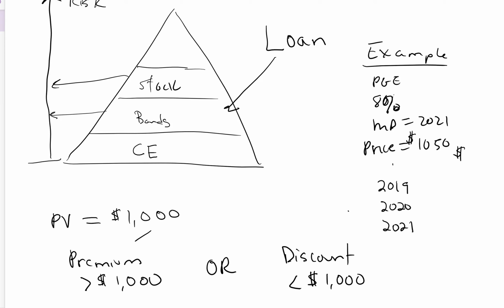So in this year, by 2019, I'm going to make my $80 in the coupon rate. Remember, I'm initially out, so I spent $1,050. And in 2020, I'm going to earn my $80, and here, 2021, I'm going to earn my $80, plus I'm going to receive back par value. Now, par value, always and forever on bonds, is $1,000.